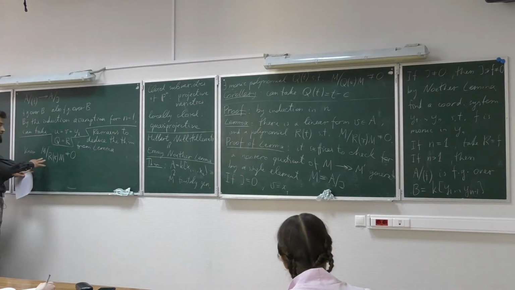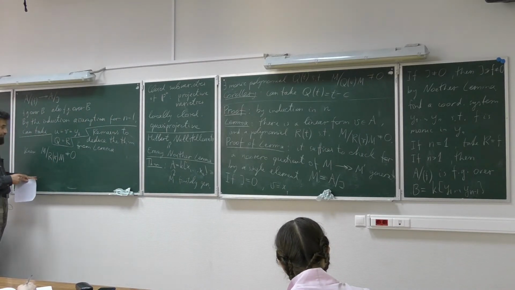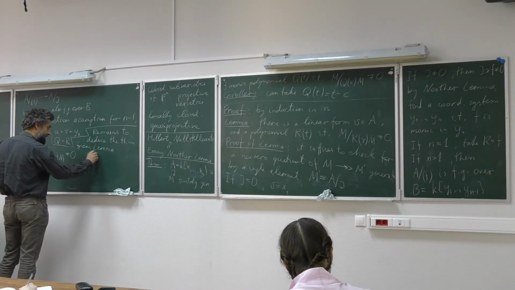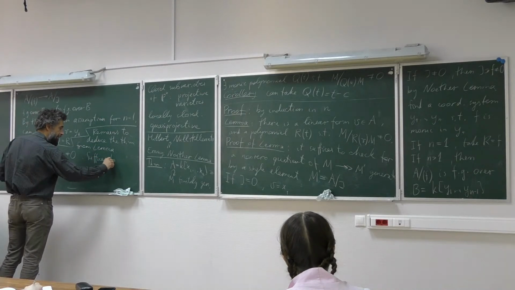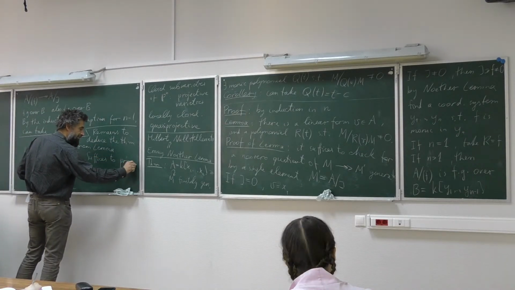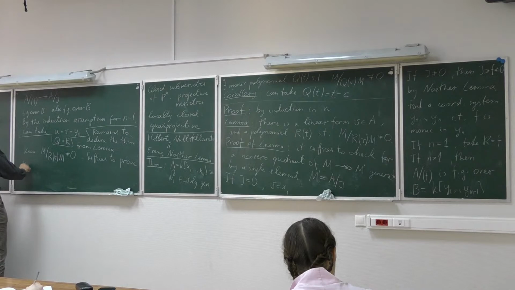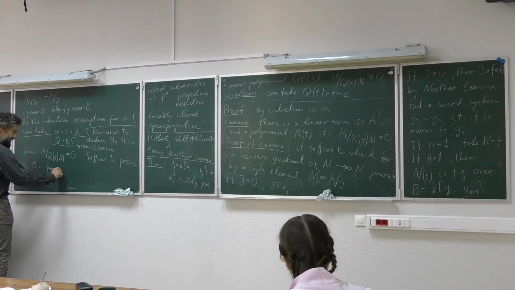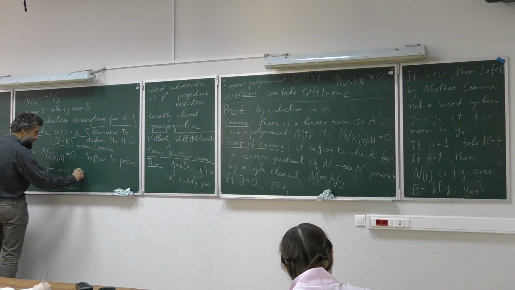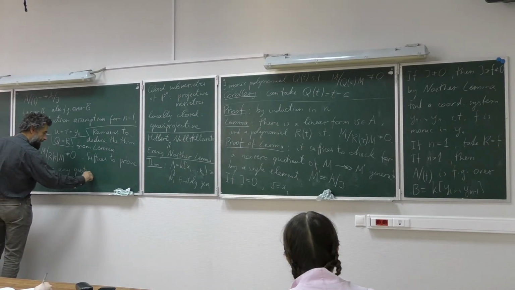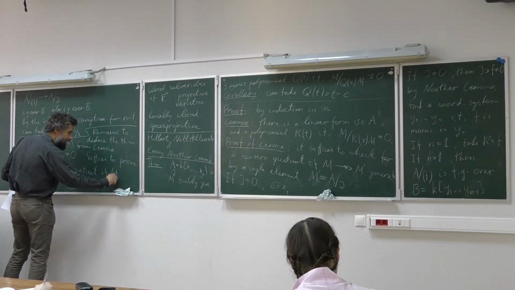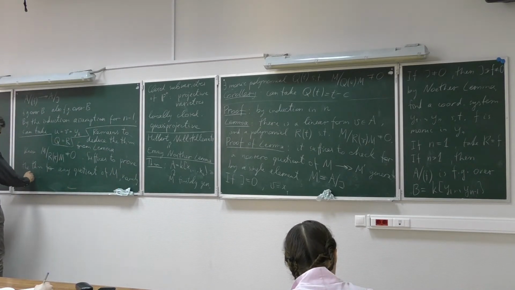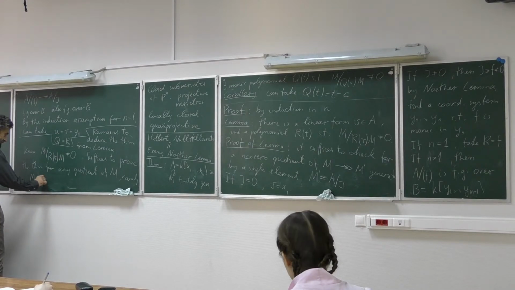But again, it suffices to prove the theorem for any quotient of m, for example m modulo r of v m.